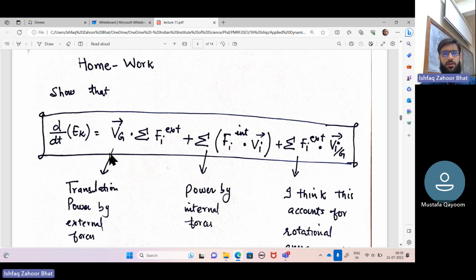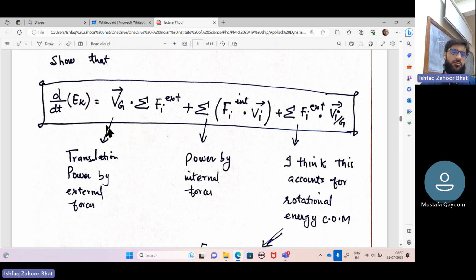Then finally we also derived the derivative of the total kinetic energy of the system of particles, and we saw that the first term was the same, that is net external force dot the center of mass velocity, which is the translational power by the external forces.